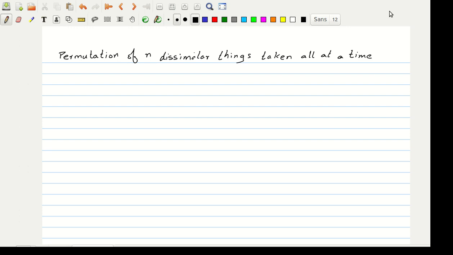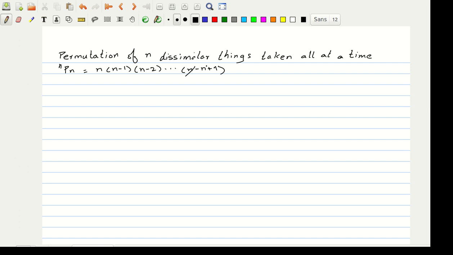Now once we have derived the formula for permutation of n dissimilar things taken r at a time, we will consider the permutation of n dissimilar things taken all at a time. That would simply be nPn, which we can write as n times n minus 1 times n minus 2 all the way up to n minus n plus 1, because r is equal to n, right?